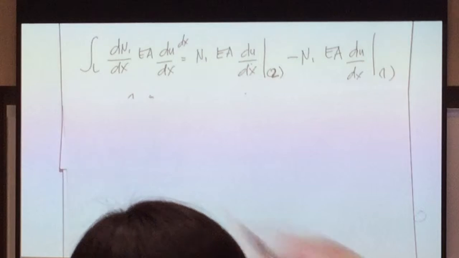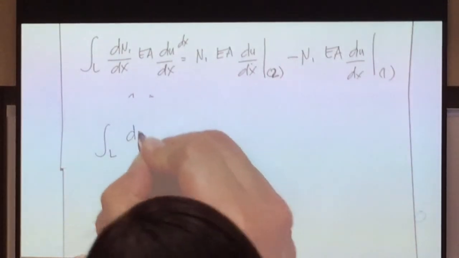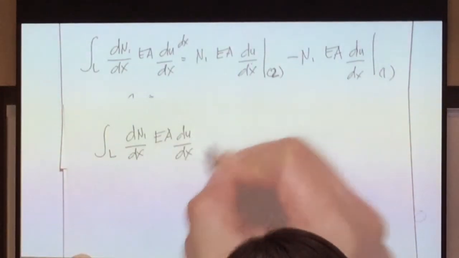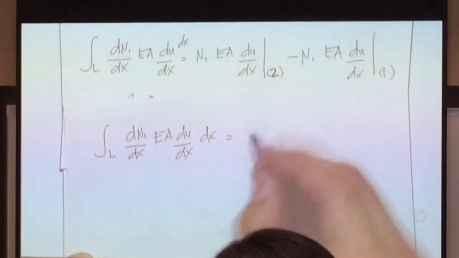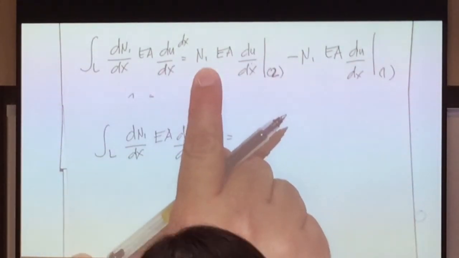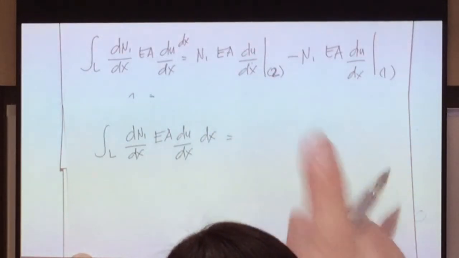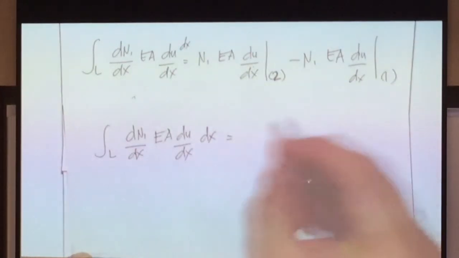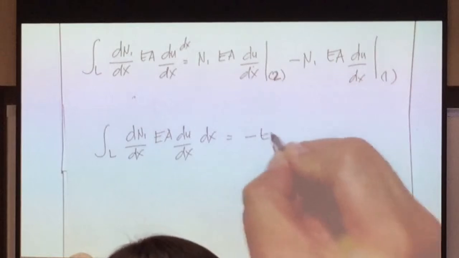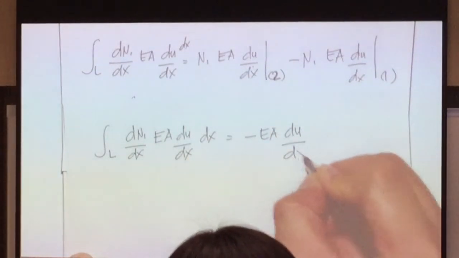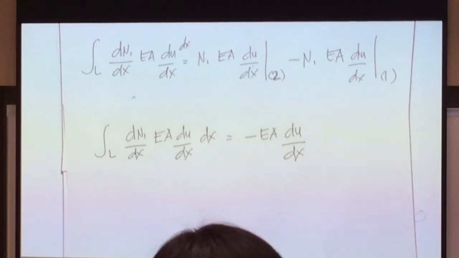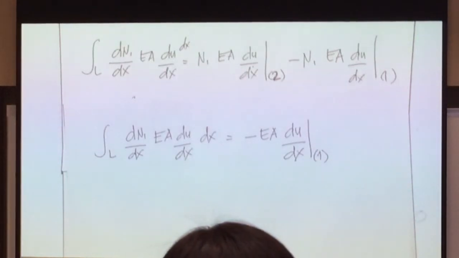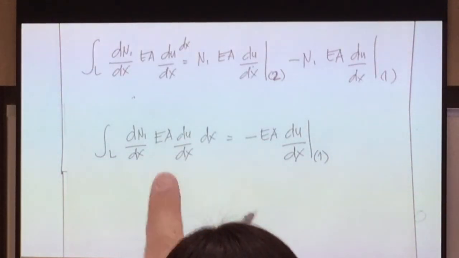Just try to explain a bit. So we have now here the integral of EN1 dx, EA du/dx, dx equal to N1 at 2 is equal to 0. So this now is 0. N1 at 1 is equal to 1. So we have this one to be minus EA du/dx.